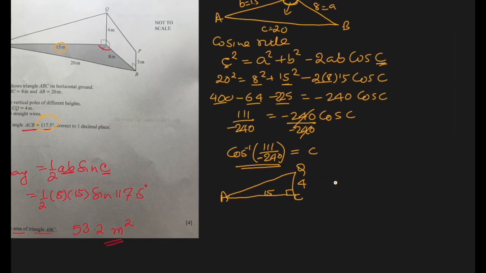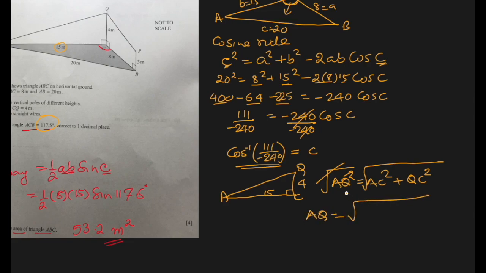According to Pythagorean theorem, AQ square equal to AC square plus QC square. Square root of both sides, square and square root cancel here. So AQ equal to square root of AC, AC is 15 and QC is 4. So AQ equals square root of 225 plus 16, 241.